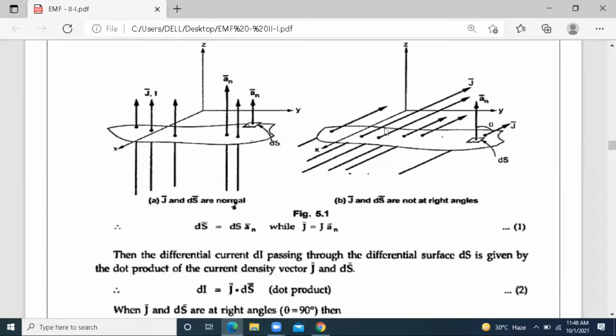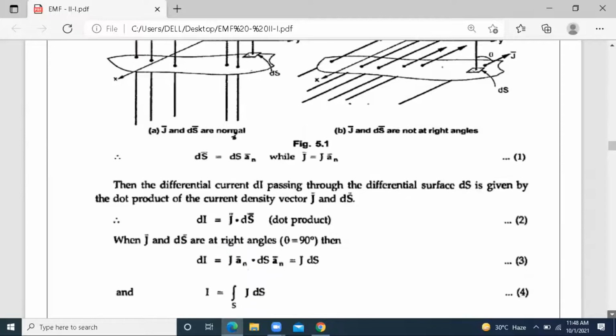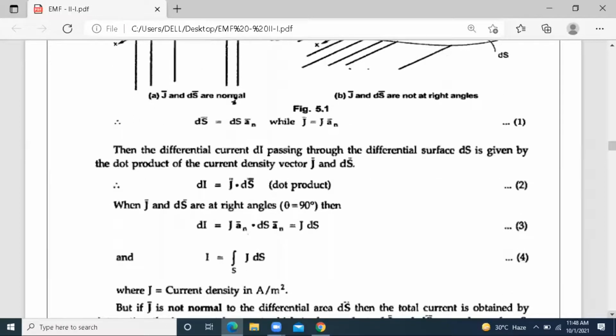Because the normal component of this is the same direction of this, the angle cos theta is 0. So J dot ds will give you the value of the normal component of J. So your total current I equals the integral over the entire surface of J dot ds.